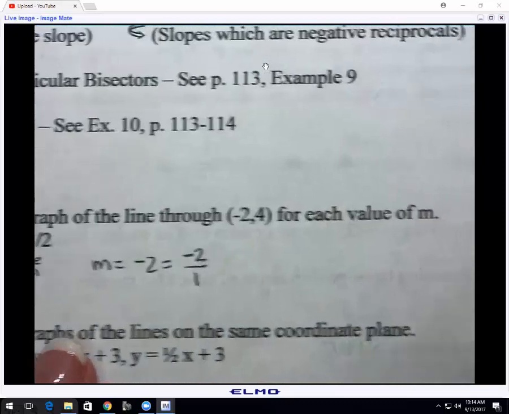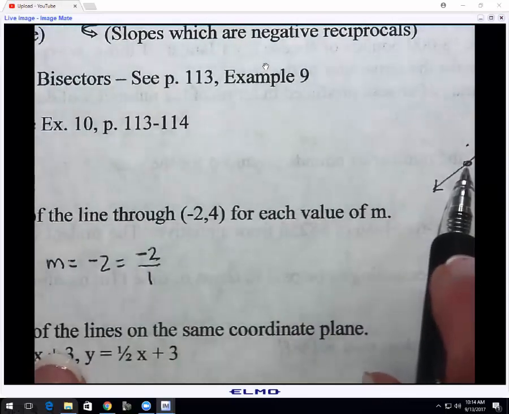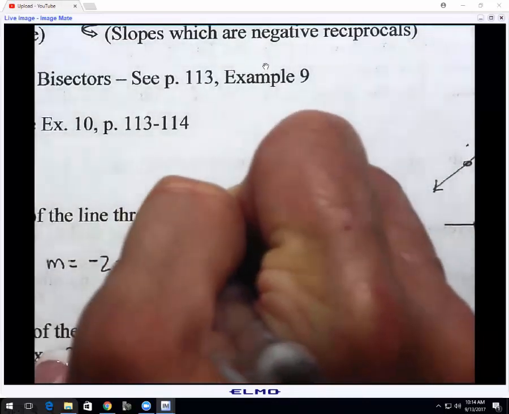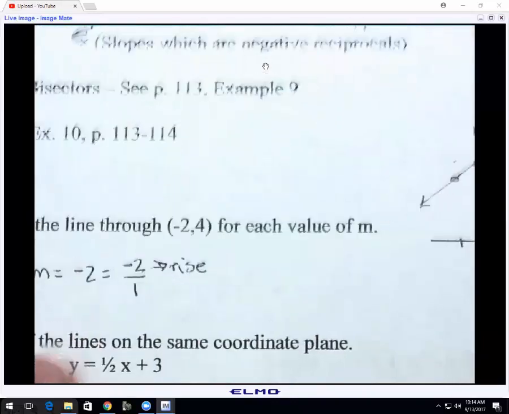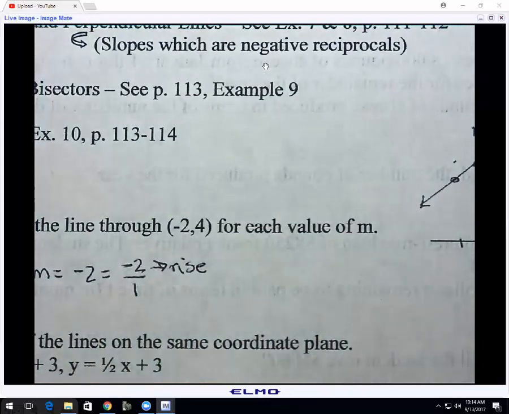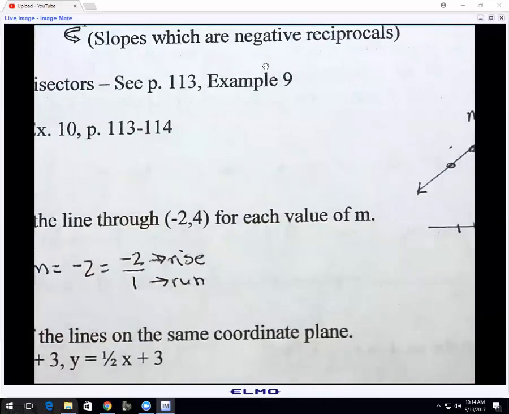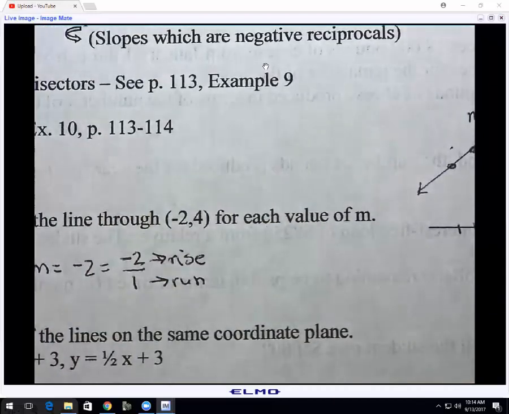And so I'm going to start at that point, -2, 4. How do I rise a negative amount? You don't? You just sit still? Well, you go down. You rise a negative amount, you go down. And in what direction will I run for the 1? The run is 1, so will I go left or right?